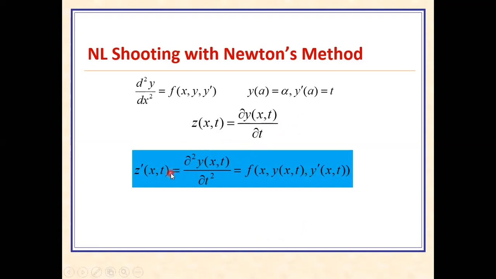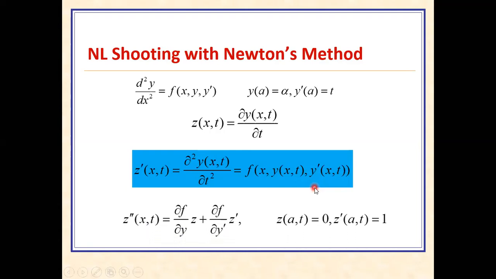We define z prime, so it becomes partial squared y partial t squared of x, t, which is f of x, y(x,t) and y prime(x,t). Here we can then define the second derivative y double prime(x,t) as partial f by partial y times z plus partial f by partial y prime times z prime. So this is a second order differential equation that we have to solve in order to get the solution in terms of z.